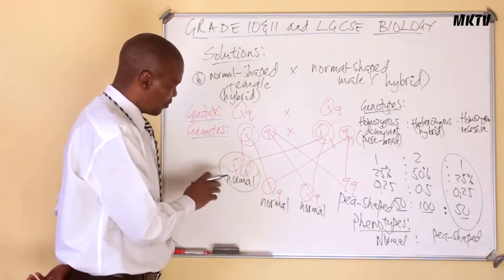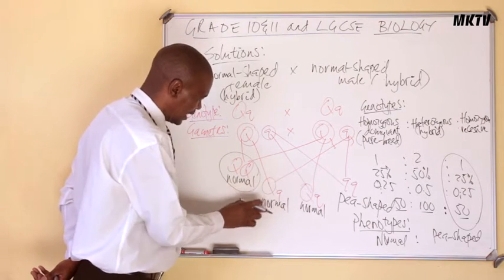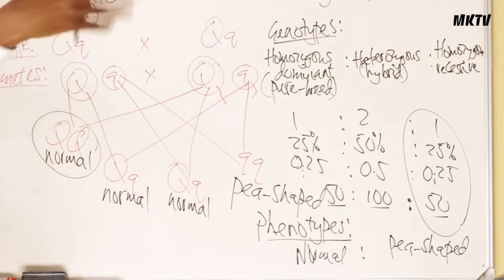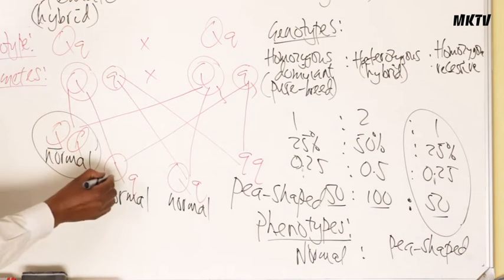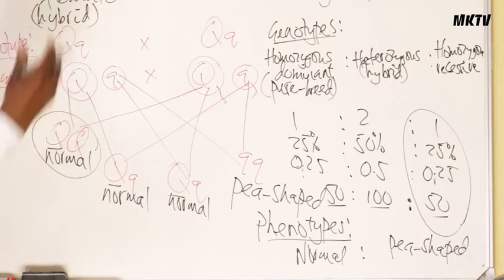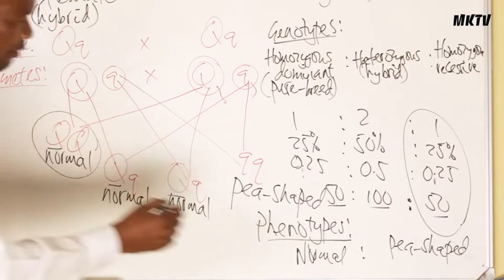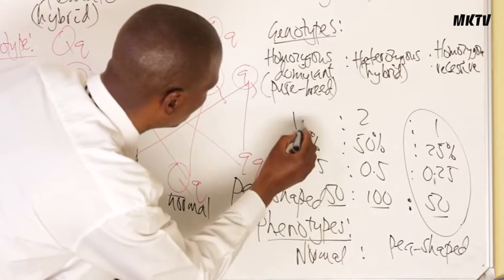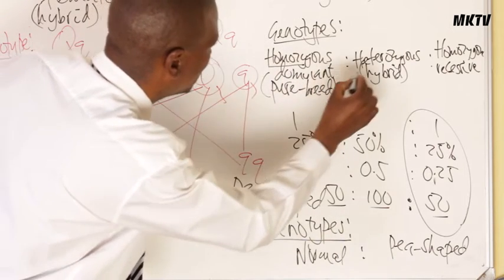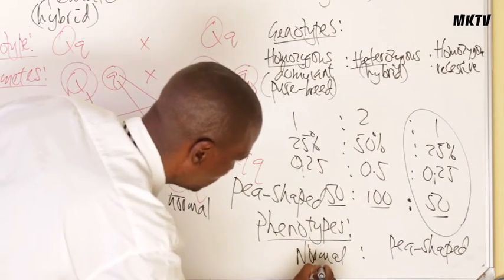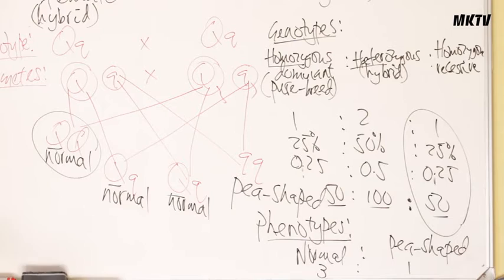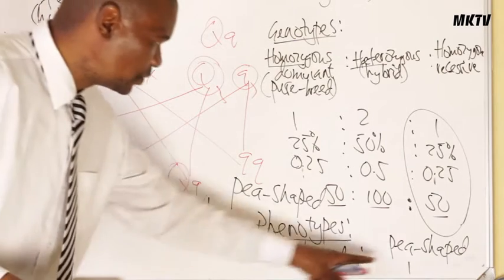Out of 4, we have 1, 2, 3 that appear normal. Remember I said this one and this one and this one appear the same on the outside just because of this one capital Q. That capital Q is the key role player here. Once we have a dominant gene present here, it is also present there, so we shall have 3 and then 1 like that. So our ratio is 3:1.